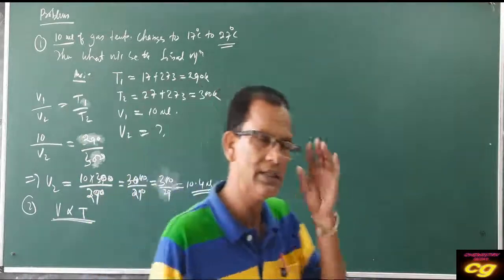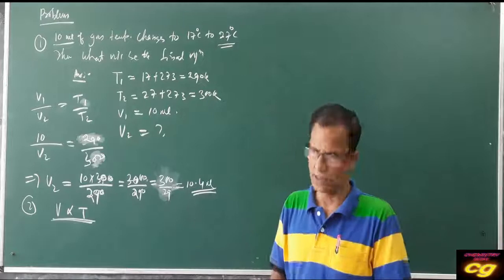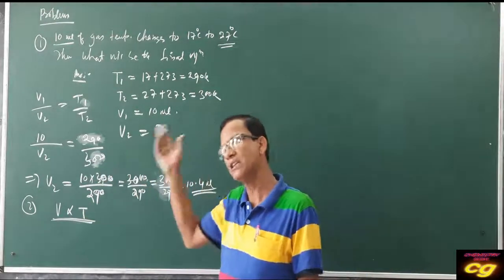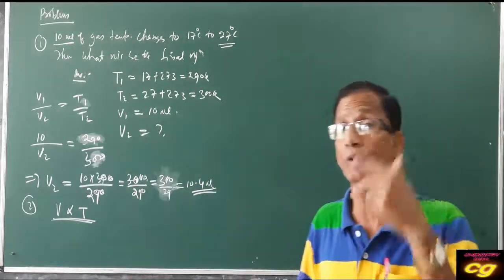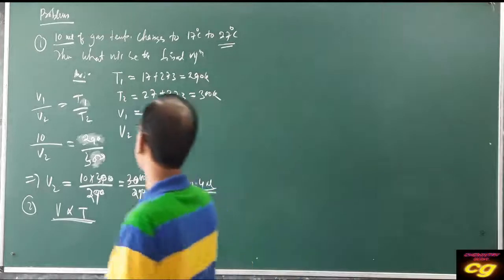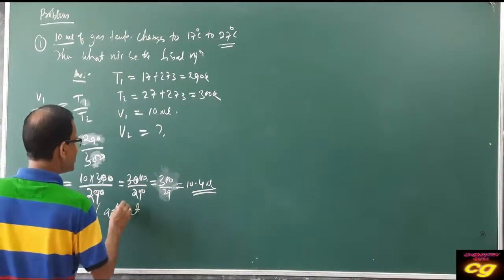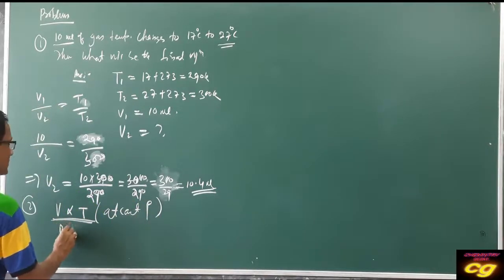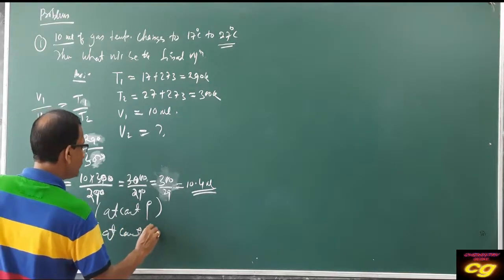When the volume increases, it can expand only to a certain limit. But when the expansion is maximum and there is further increase in temperature, what happens? The volume remains constant. V is proportional to T at constant pressure, but P is proportional to T at constant volume.